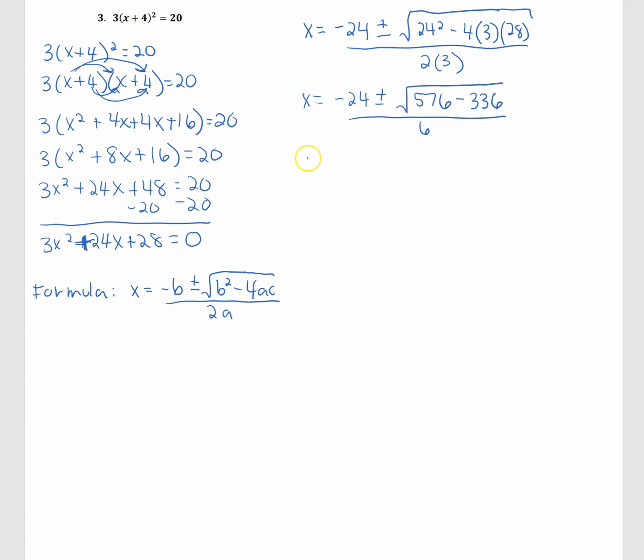Okay, and if we subtract those numbers under the square root, we get 576 minus 336 is 240. There's 6.